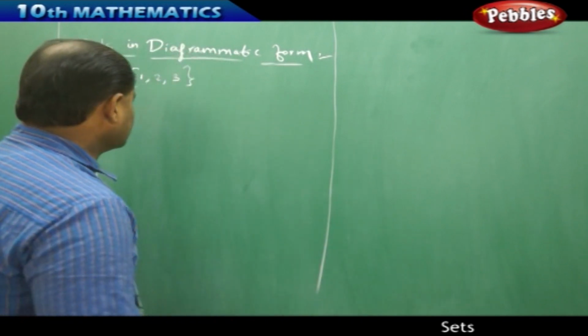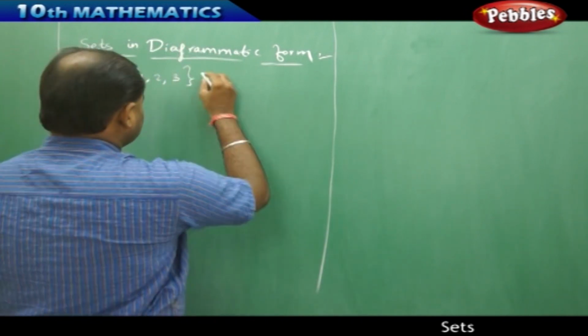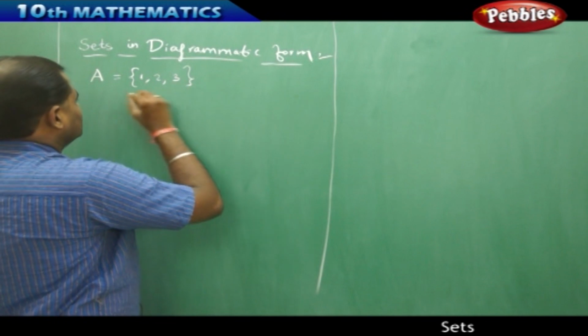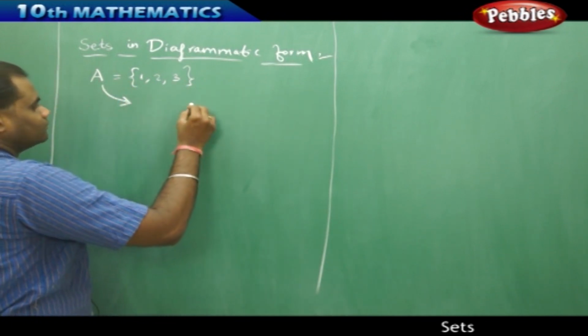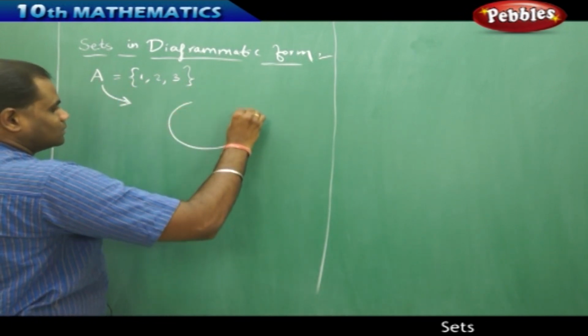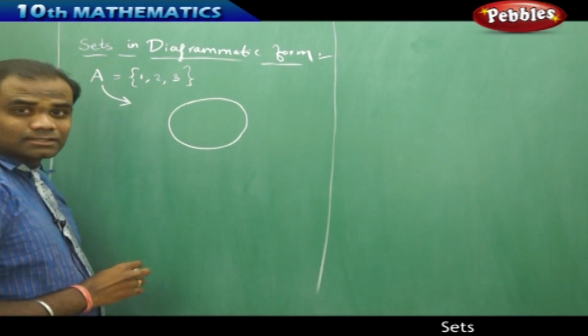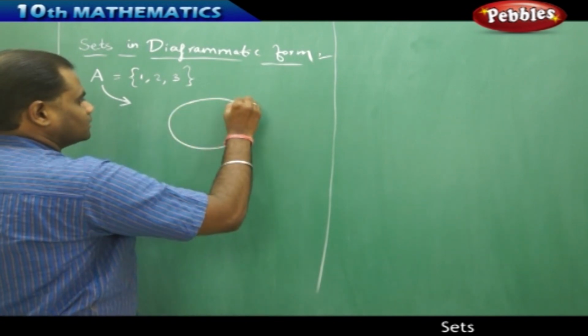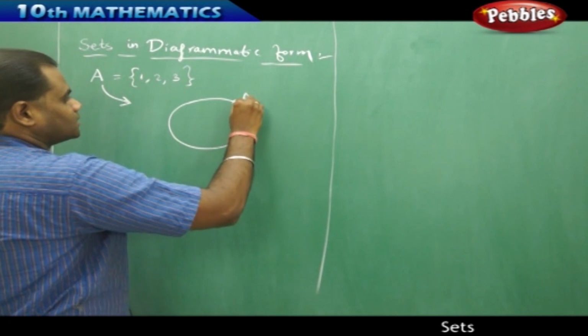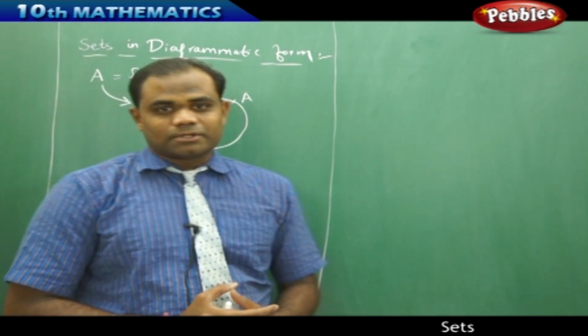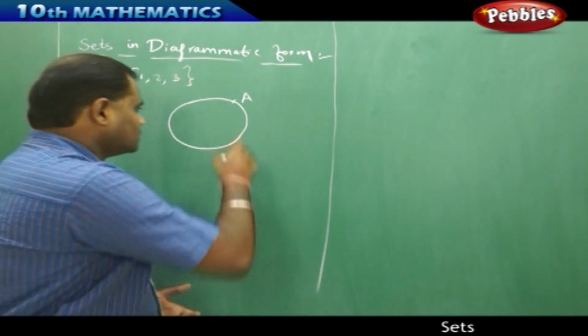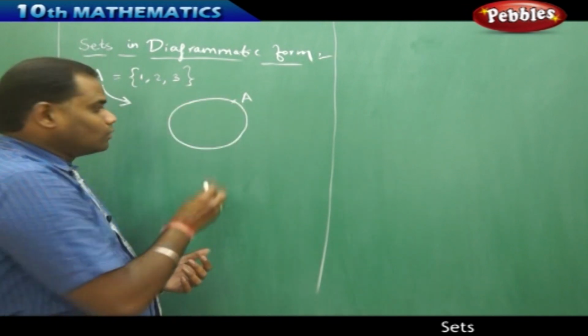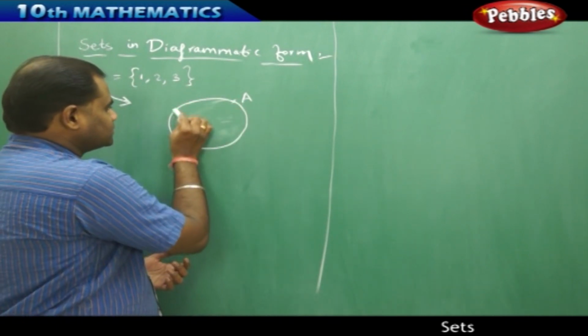So generally, a set is denoted with a circle. In the diagrammatic form, I denote the set A with a circle, not exactly a circle, but a random circle, and then denote it with a set A. So in the diagrammatic representation, I assume the set to be in the circular form, and all the elements lie inside this region.